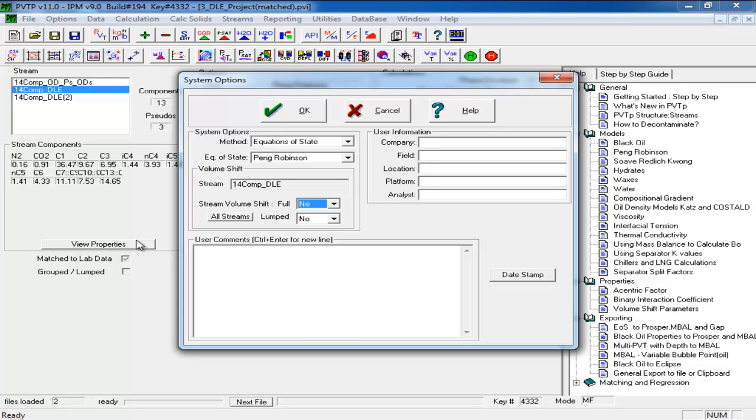I will view that here. You know that your fluid will behave like this.